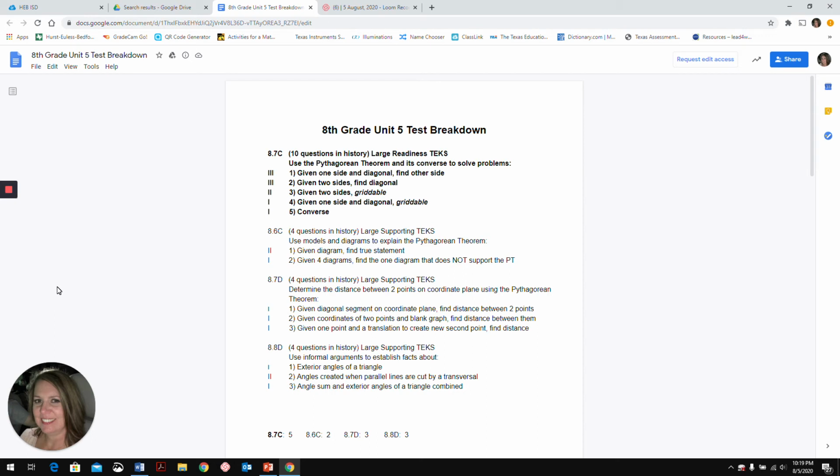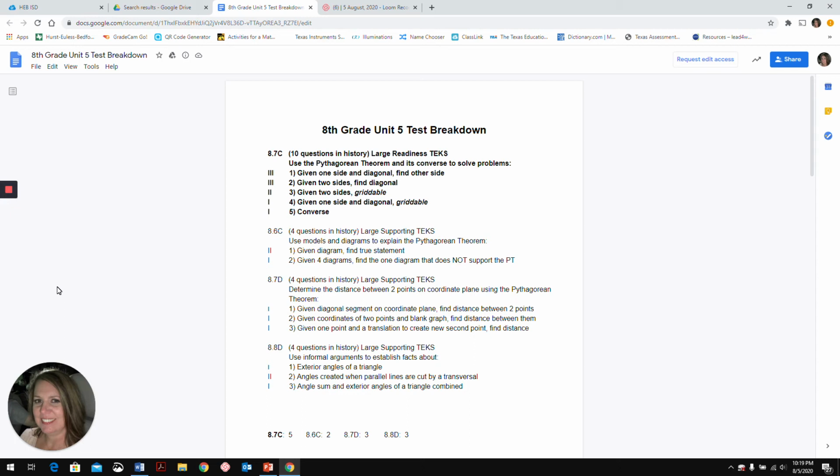This particular test breakdown happens to be 8th grade, but the same process was followed in 6th grade. And what we have done is, again, very carefully studied the TEKS, and we've studied the Release STAR test to determine how frequently each TEKS was assessed and all of the different ways that the TEKS was assessed. Unfortunately, that is our reality.